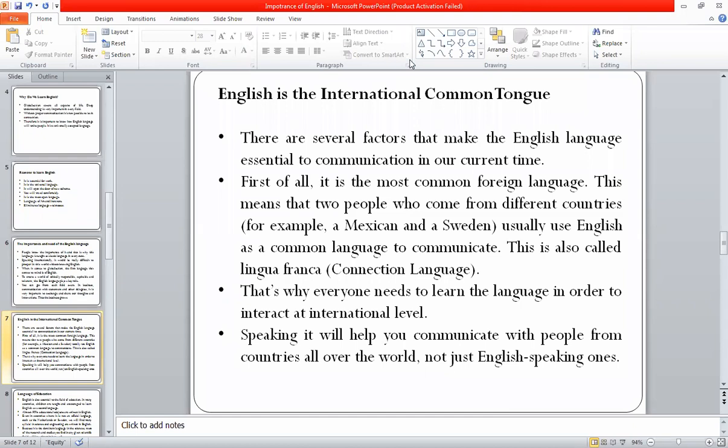Speaking it will help you communicate with people from countries all over the world, not just English speaking ones. So if we are communicating with the help of this language, then we will get information from all over the world, not just English speaking countries. If we are using this language, then we can also learn other foreign languages.